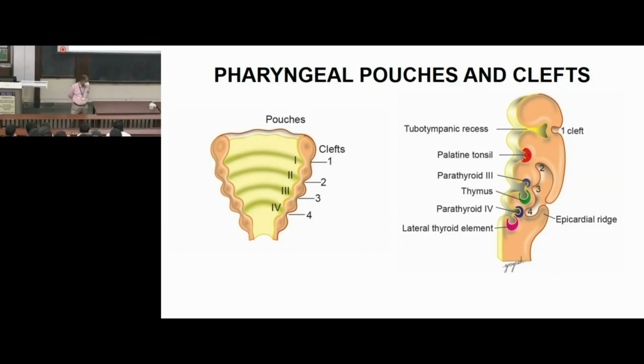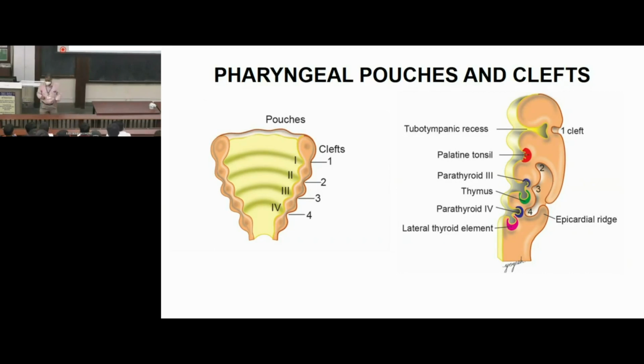We haven't thrown light on two terms yet. Cartilages of the arches. The first arch cartilage is called Meckel's cartilage. The same Meckel who described Meckel's diverticulum. The same Meckel who described cavum trigeminale in the skull for the trigeminal ganglion. So Meckel's cartilage does not give rise to the entire mandible, which is from the first arch.